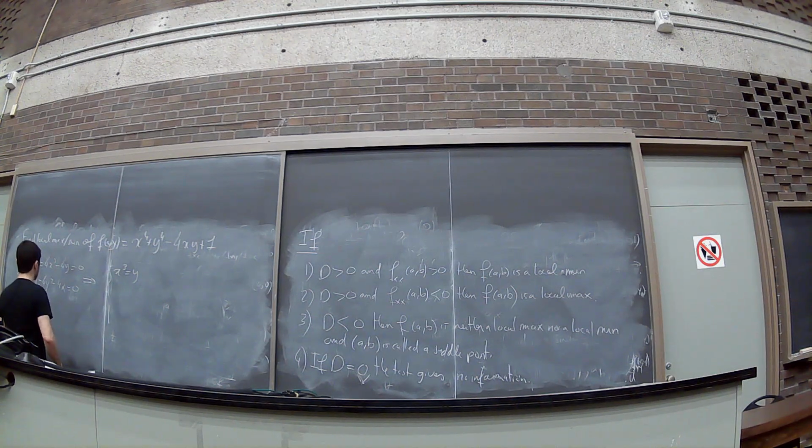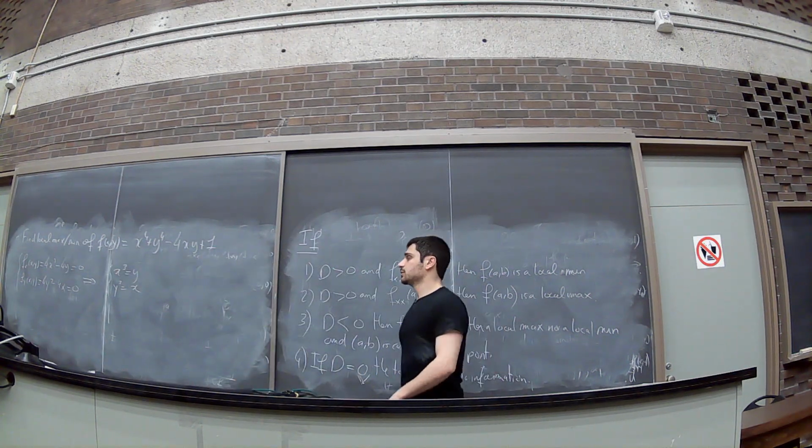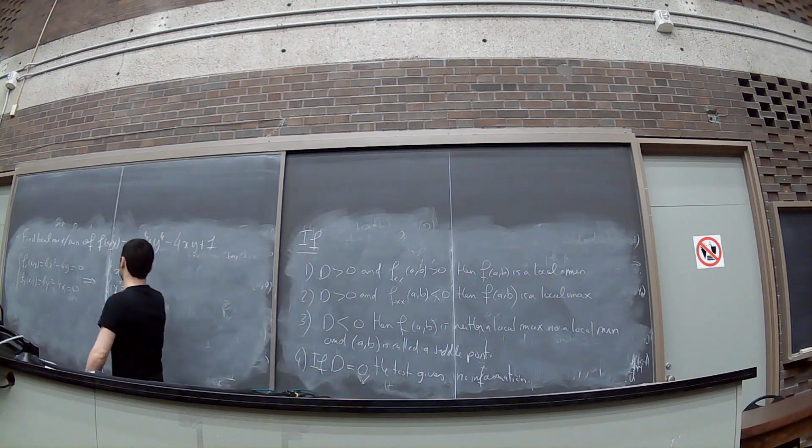And then 4y cubed is equal to 4x, so you get y cubed is equal to x. How do you solve this equation? So x cubed is equal to y. So what is y cubed?